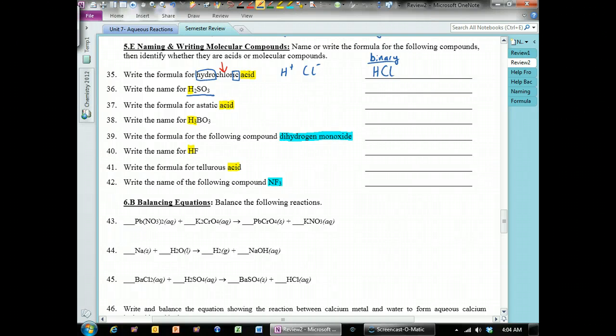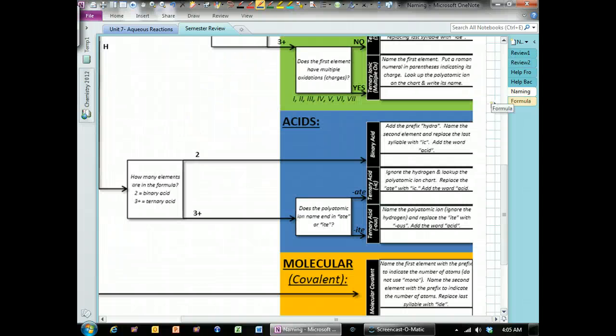The next example has 3 elements in it, so this is going to be a ternary acid. So when we go to the naming part, we have 3 elements. So we go down here, and it asks the question, does it end in ate or ite? And it's talking about a polyatomic ion.